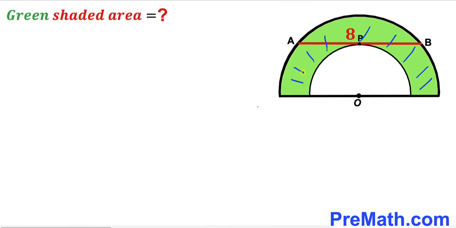Moreover, this chord AB is tangent to the smaller semicircle at this point P, and the chord AB is 8 units long. Now our task is to calculate the area of this green shaded region.